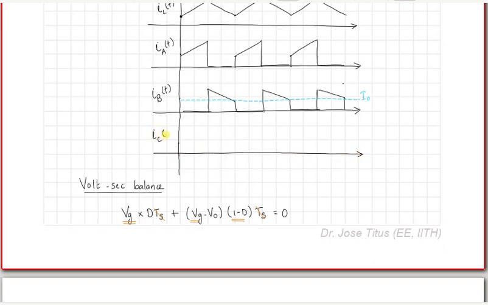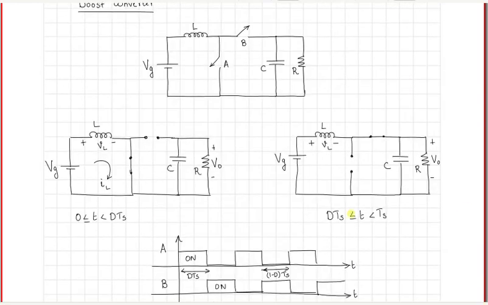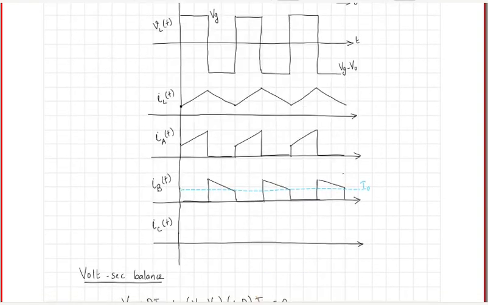This is IC of t. Now, what would this current be when the converter is operating with switch A closed? If you apply the KCL at this node, you will get that this should be equal to negative of the output current. If we assume the output voltage to be fixed, then the output current is also fixed.